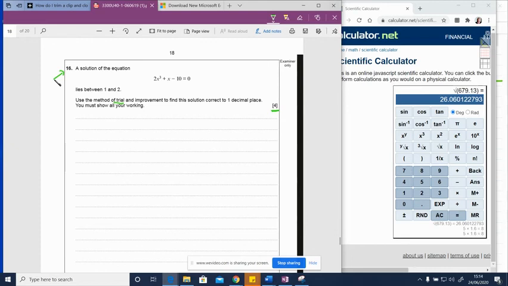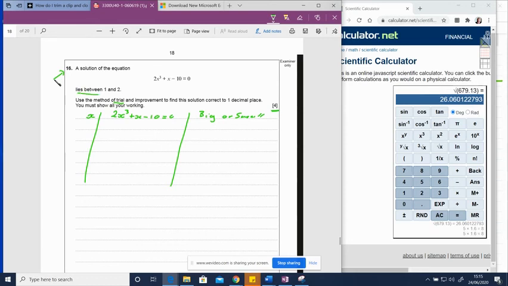So the first thing we do is in the first column, we put the value of X that we're going to try. In the second column, we put the equation 2x cubed plus x minus 10, and we want that to equal 0. And then in the third column, we put whether it's too big or too small.